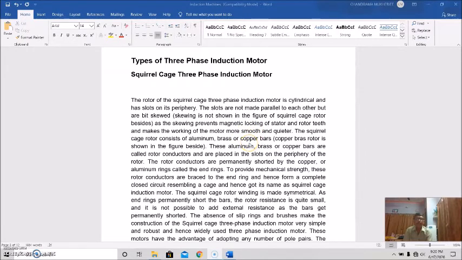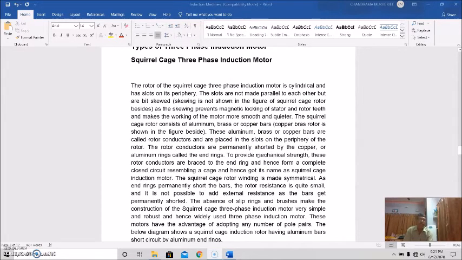So we'll see later on how the skewing helps us to prevent magnetic locking of the stator and the rotor teeth. The squirrel cage rotor consists of aluminum, brass or copper bars. These bars are called rotor conductors and are placed in the slots on the periphery of the rotor. And the rotor conductors are permanently shorted by copper or aluminum rings called end rings.